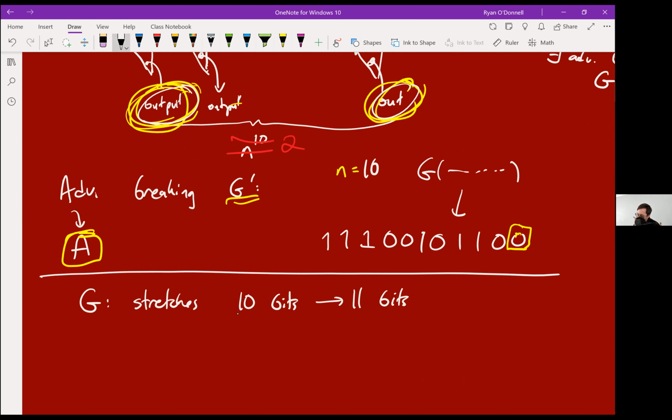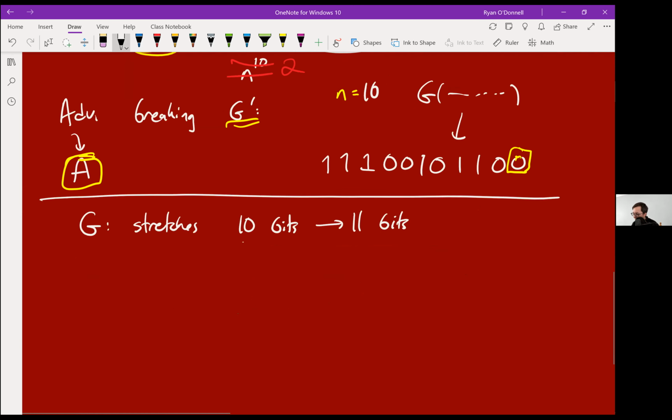These numbers are obviously too small, but somehow nobody should be able to, if you plug 10 random bits into G and look at the 11 bits that come out, notice that these 11 bits are not uniformly random. It should be hard.